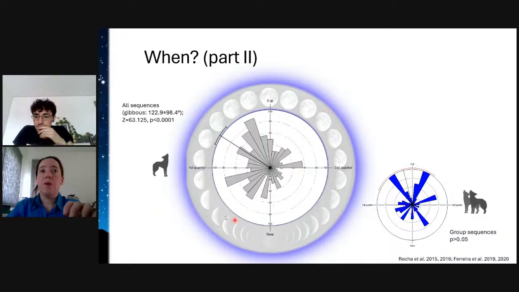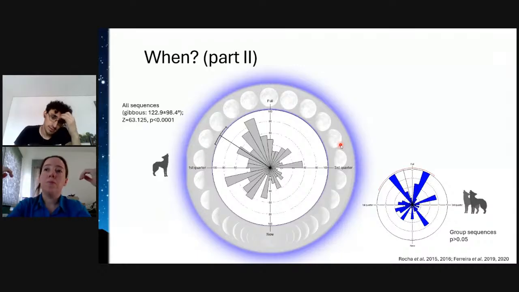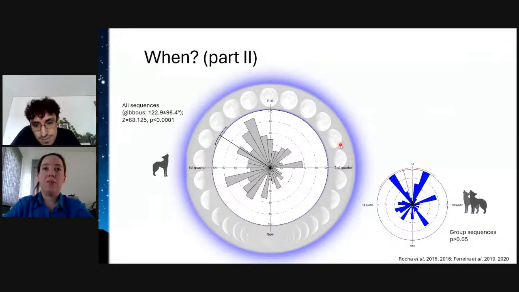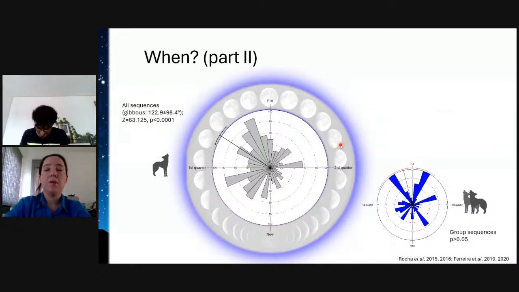But for the sequences with only one animal, this means that maybe on better illuminated nights, they can see their prey better, and they have better feeding. They feed faster, and so they have more time to vocalize.